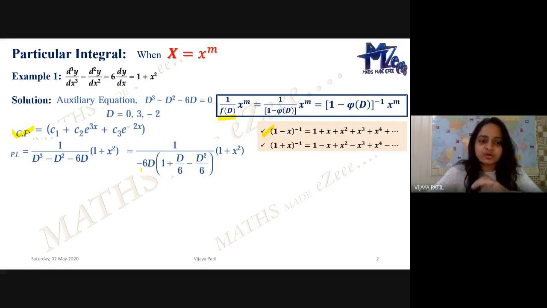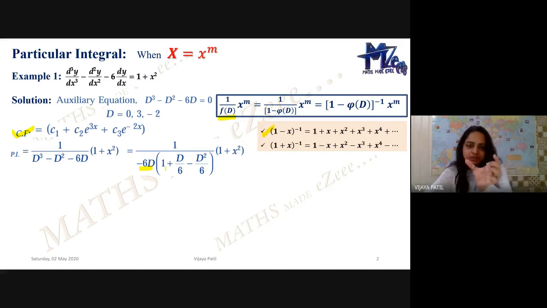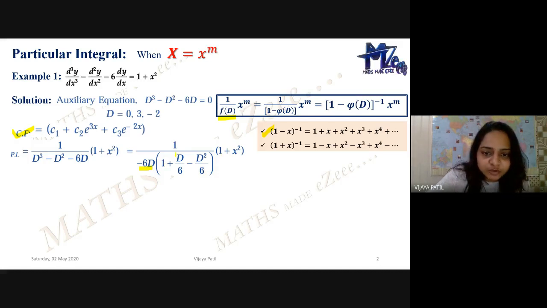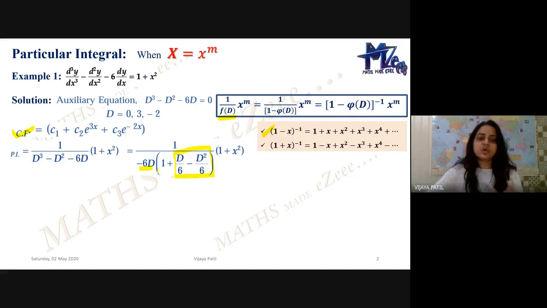So what we have done, in this denominator we have taken minus 6D out. The term inside the bracket would be 1 plus D by 6 minus D square by 6, and it's getting operated on the same. So now if you observe, this entire thing after the 1 is what I'm talking about as phi of D.